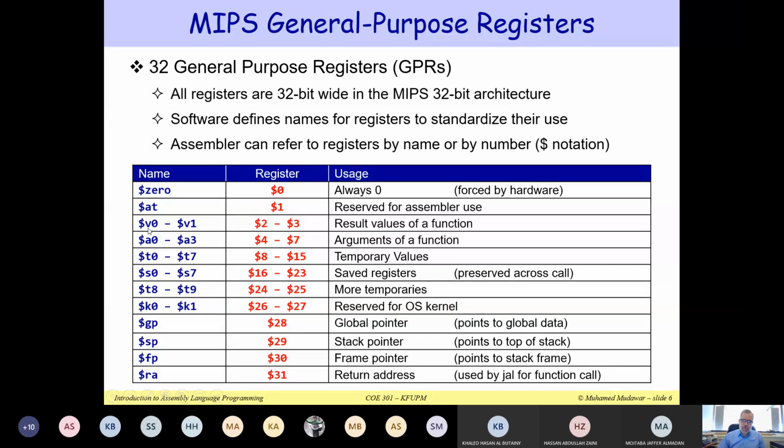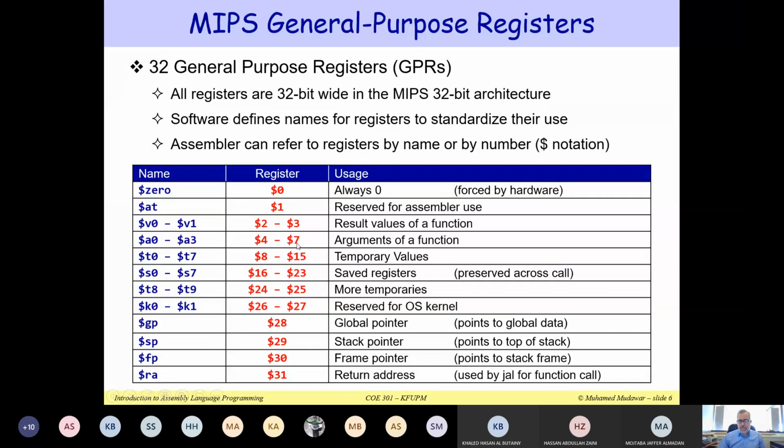Typically, if we need only one result, we place it in V0, but you can return even two results in V0 and V1. A function can receive its arguments in A0, A1, A2, and A3. So these are registers 4 to 7.